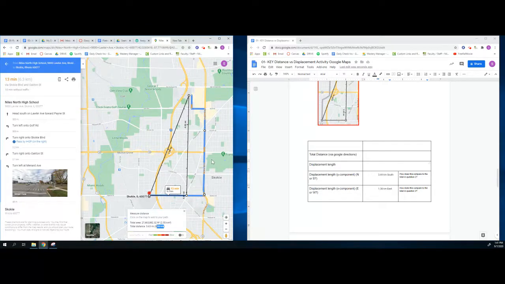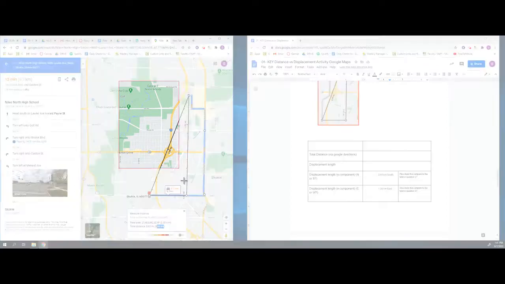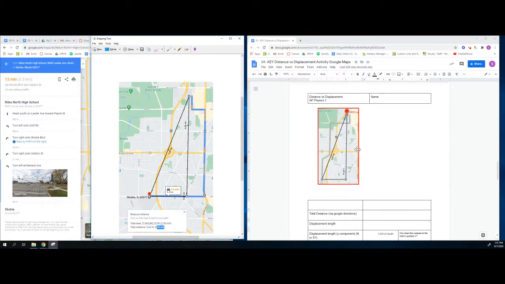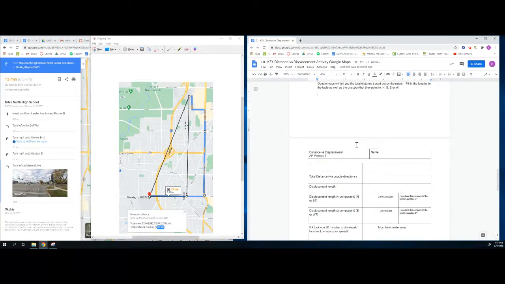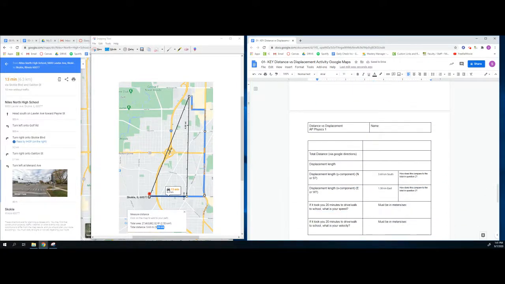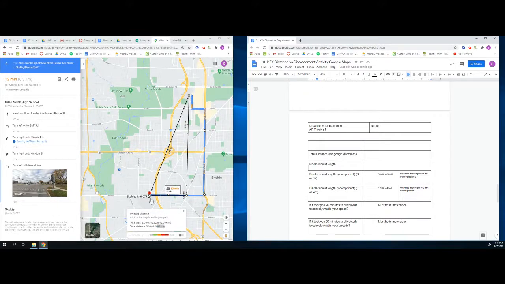And really it should show, I guess it kind of, no, it doesn't really show. I wish it showed the lengths of each part of the triangle, which it doesn't. So I'm going to replace that, put that right here. Okay. And then total displacement length. So I'm going to go back to this map. I'm going to undo some of this. Let's see what I can undo.